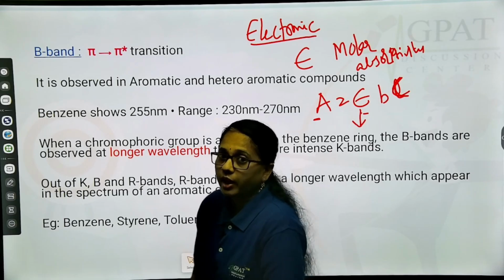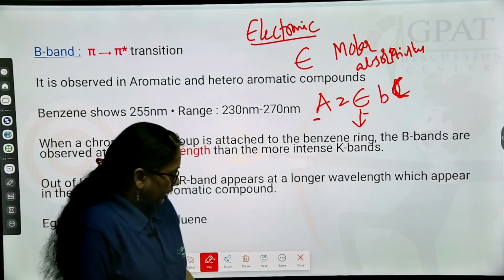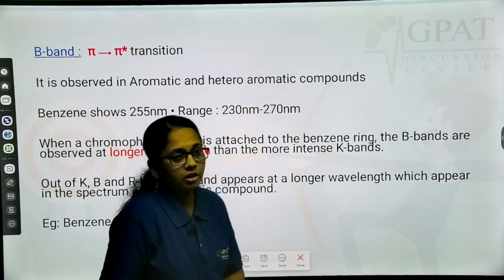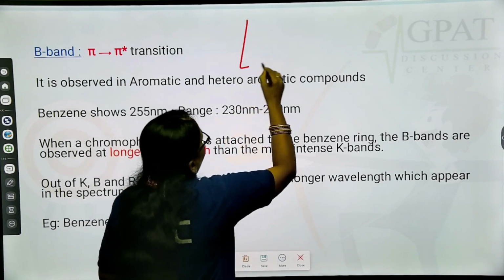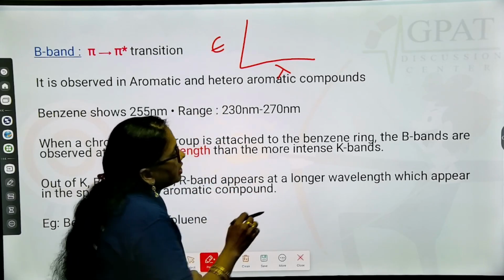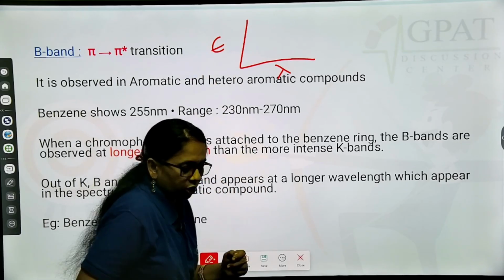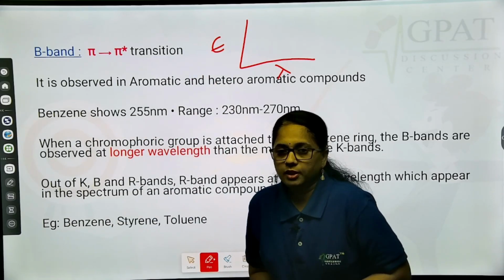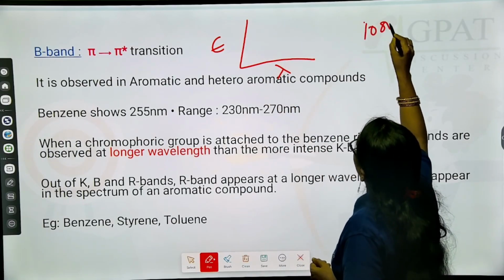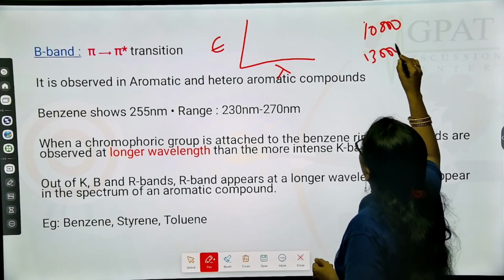And if you want to see how these absorption bands are going to look, then you need to plot the graph of lambda versus epsilon. The epsilon for highly intense compounds, you are going to observe 10,000, 13,000 and 20,000 also.